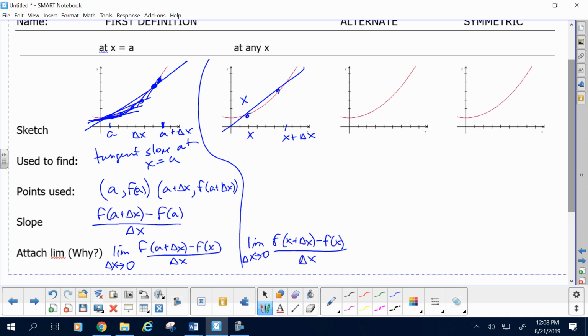Now in terms of what I did there, that's not a numerical slope at a specific point. That's more like a rule that gives slope at any x. So it would be a function of x, which is why we call it f prime of x. It's a function of the original, but with a little change. All right, are we good?